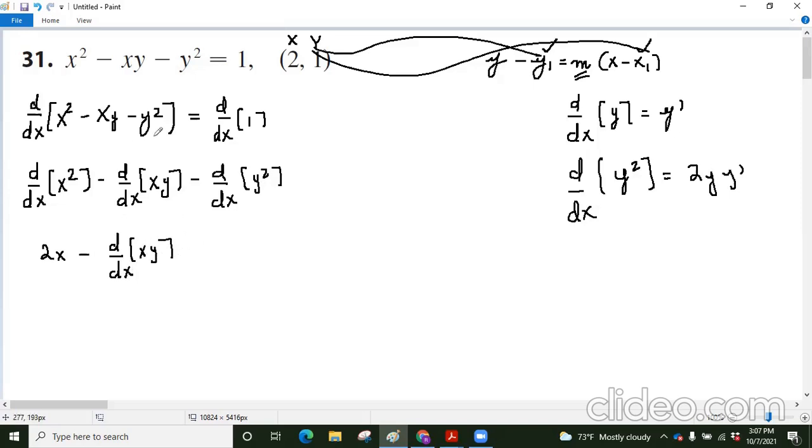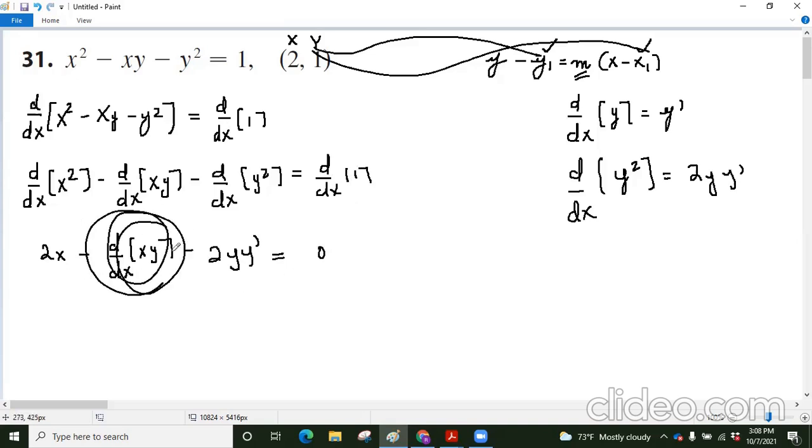We're going to keep that because this is a little more complicated. Minus the derivative of y squared. Well, we know that we're going to apply the power rule and then tack on a y prime. And then, of course, the derivative of 1, we know this is 0, correct? So it all comes down to finding the derivative of xy.